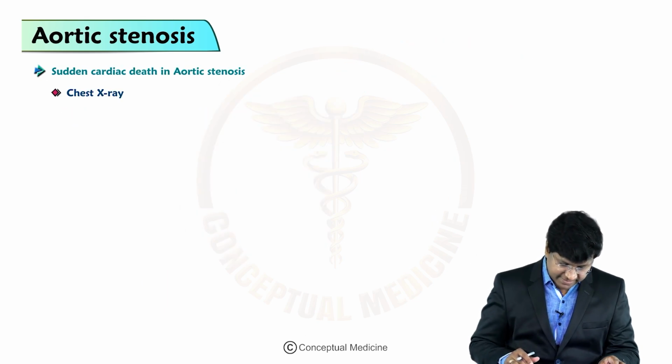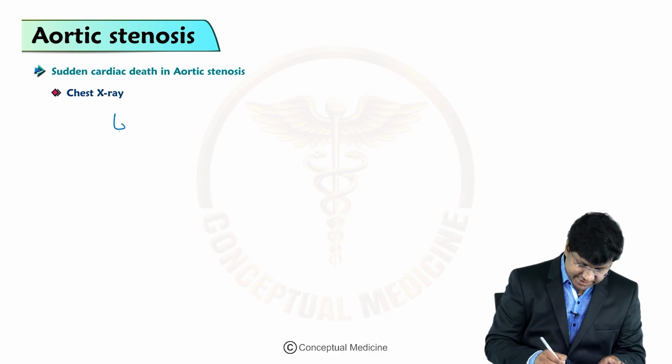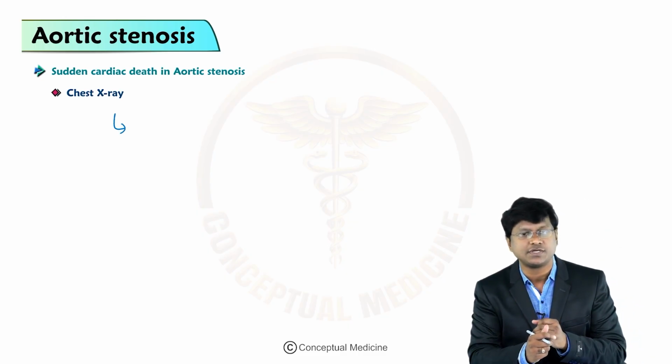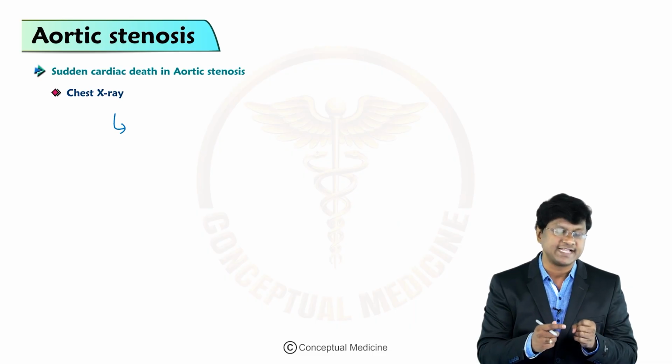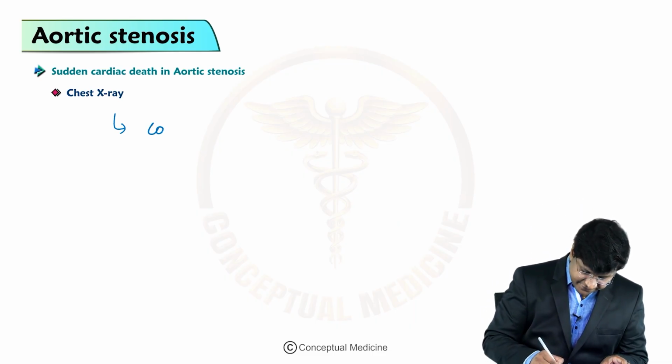Next, followed by that, the chest X-ray. What does the chest X-ray show? For example, if the etiology causing aortic stenosis is calcification and degeneration of the aortic valve, you will observe the presence of a calcified aortic valve.